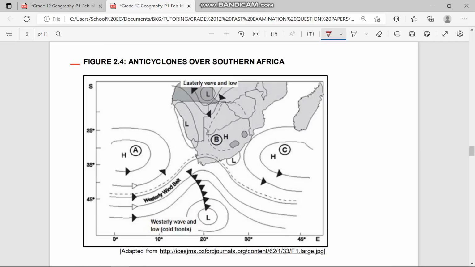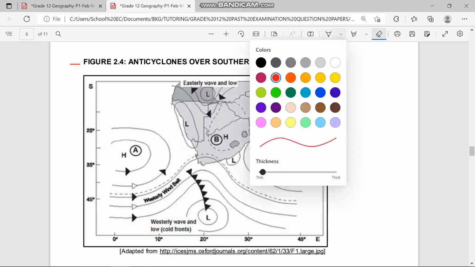They are going to ask you what that is, and we have high pressure on the east side and the west side of Southern Africa, in the oceans.